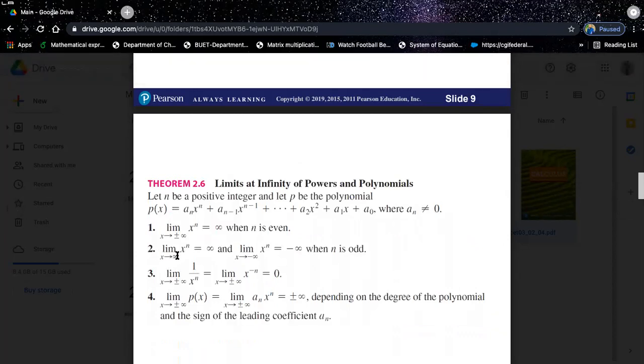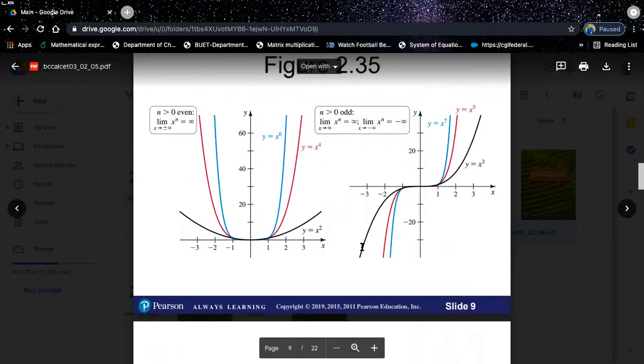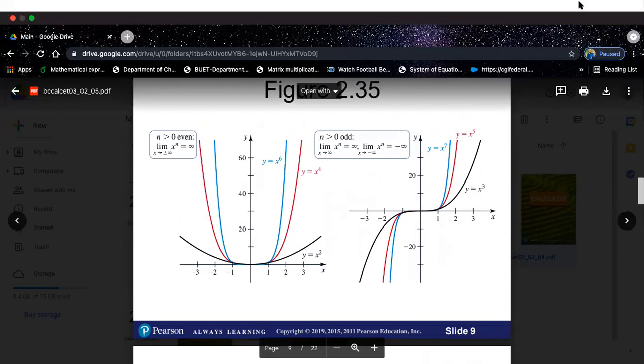When x tends to infinity, x to the n will eventually go to infinity, and when x tends to negative infinity, x to the n will eventually go to negative infinity when n is, of course, odd. This is actually rewriting in algebraic format what we have discussed for these two graphs. Okay.